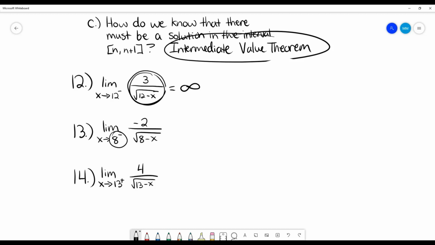And in this case, the exact same thing's going to be happening, right? As we get closer and closer to an x value of 8 from the left, our denominator gets smaller and smaller, which means we're dividing by less and less, which means our overall number gets, in terms of absolute value, bigger and bigger. But in this case, it's getting bigger and bigger in the negative direction. So this one's going to approach negative infinity.